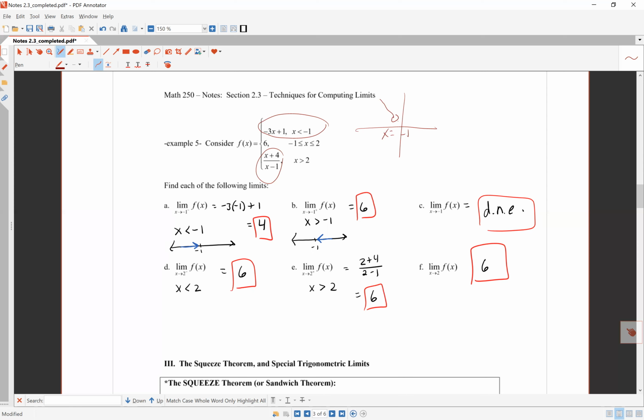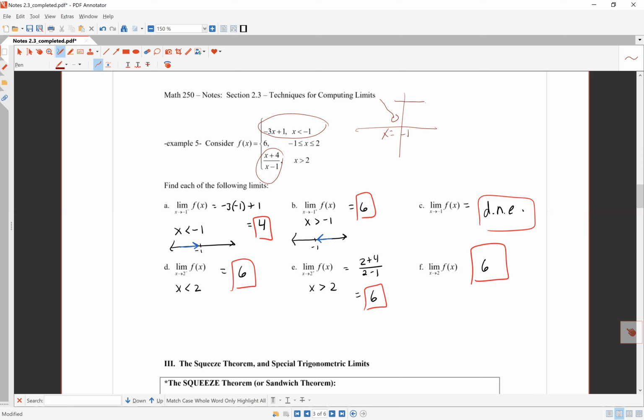But that function is defined for x to the left of x equal -1. So again, you can just use direct substitution. If you take the limit as x goes to -1 from the right, now you have to use the fact that the graph of the function is like +6.